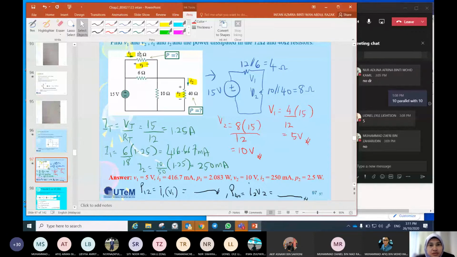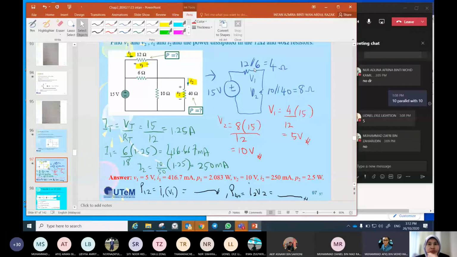So 12 and 6 is parallel, become this. And then 40 and 10 is parallel, become this. So 12 parallel with 6, we get 4. 10 parallel with 40, we get 8. Do you know how to calculate parallel connection? Parallel R?